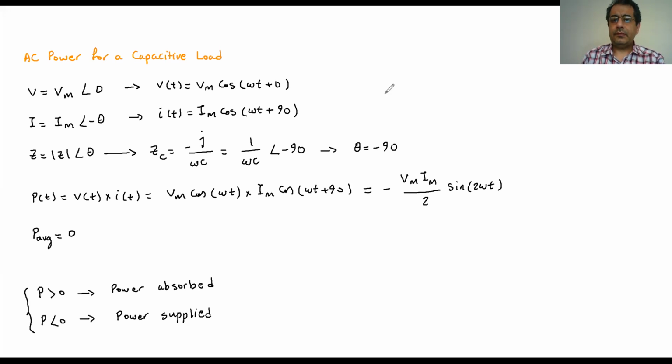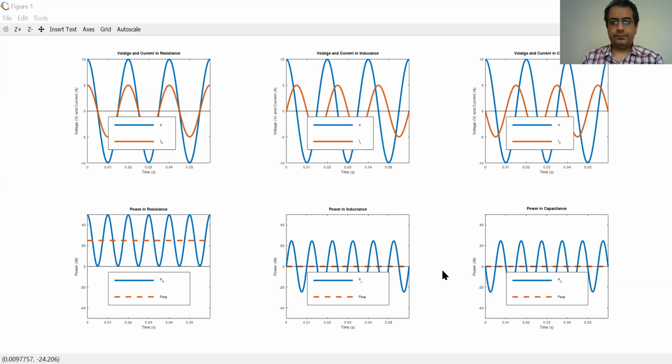So let me go ahead and show you how these plots look. Here you can see how this power is going to look. The first column is if only we have a resistance in the system.